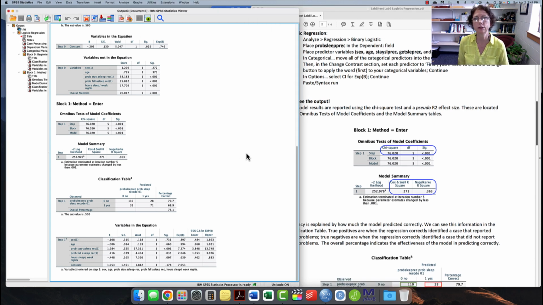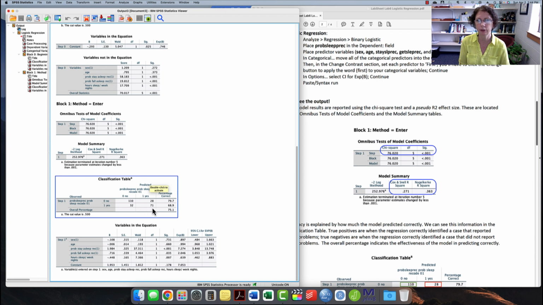Another thing we use to determine the goodness of fit or the quality of that logistic regression is how accurate it was. And you see this on the classification table. How often the logistic regression predicted that it would be yes that someone reported sleeping problems compared to what they actually did.